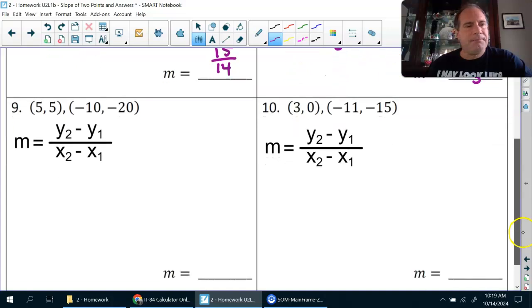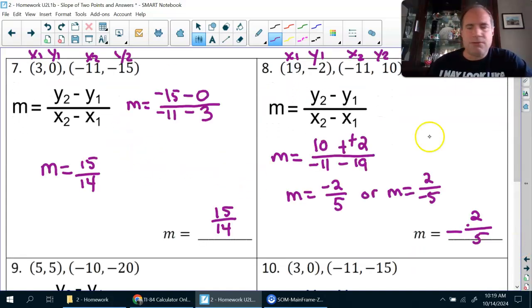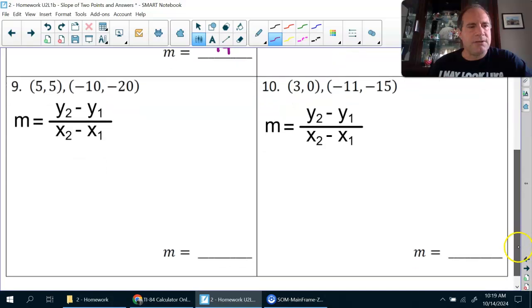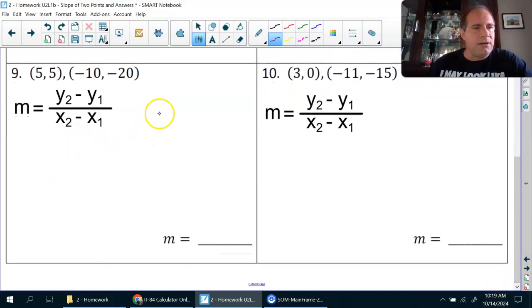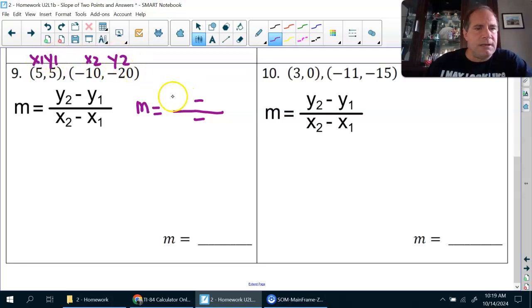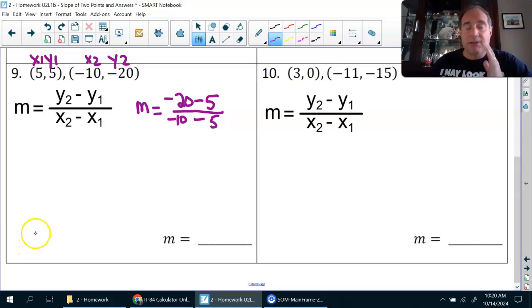For number 9, we have y2 minus y1 over x2 minus x1. And we are going to set up our slope formula with the minus signs, and then we're going to make sure that we label just like this. This is -20 minus 5, -10 minus 5. Grab your calculator, put all of that in, and then press enter and let the calculator do that work for you.